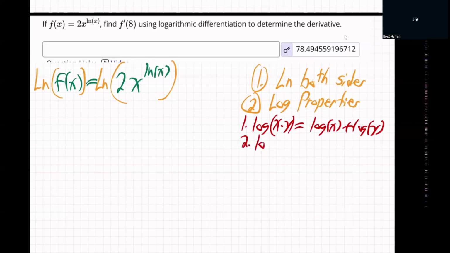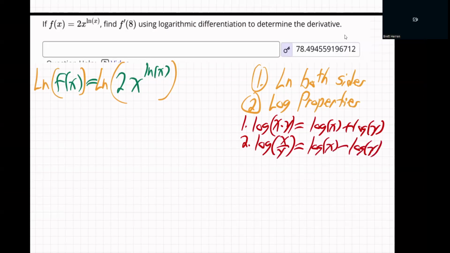Property two is that the log of x over y is the log of x minus the log of y. And the third property of logs is the log of x to a power: that power drops down to the front.